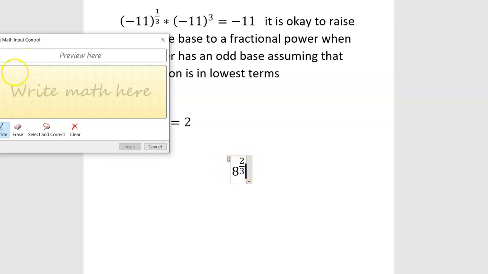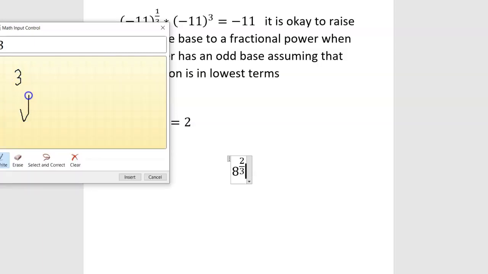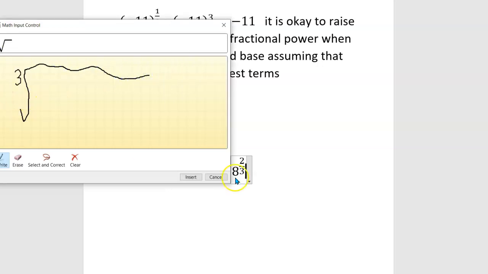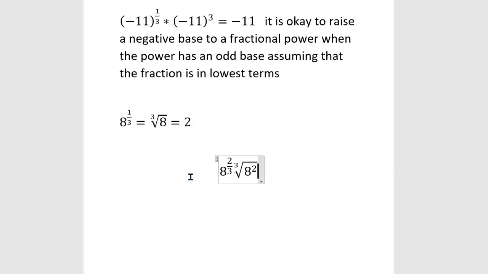The 3 on the bottom means that I do the cube root, so I write my radical symbol. That 2 up top means we have 8 to the 2 inside. So that's the cube root of 8 to the 2 power, the cube root of 8 squared. And that's what that means.